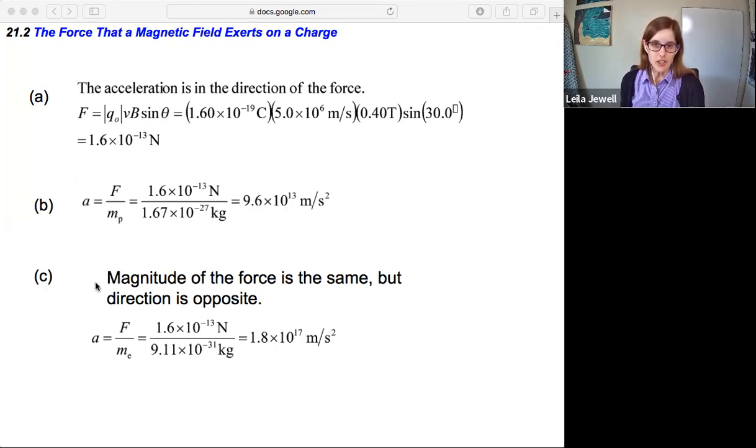For the electron, as we mentioned, the magnitude of the force is the same, but the direction is the opposite. And the acceleration, because the mass of the electron is so much smaller, is over 1,000 times bigger. That's amazing, right? Pretty wild to see.